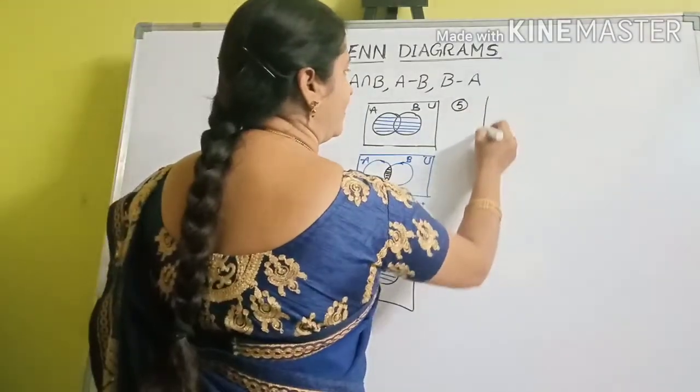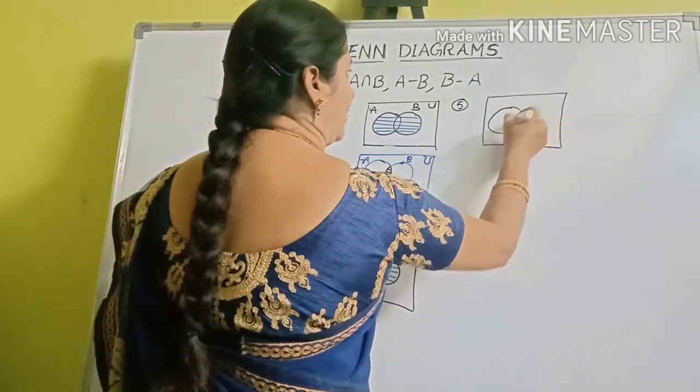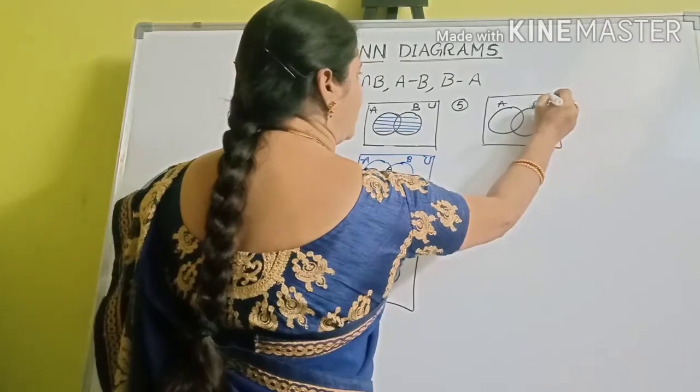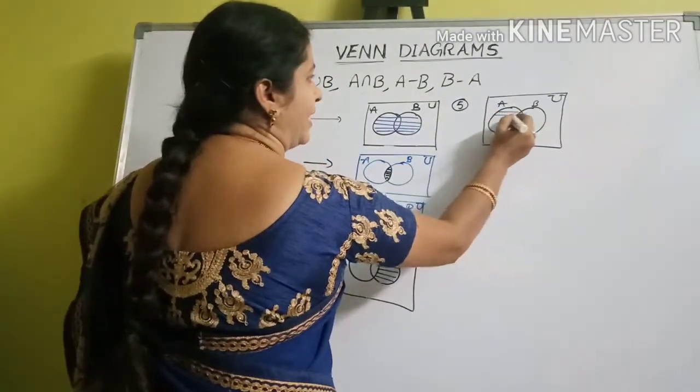Suppose these two are A and B. This is mu. Suppose we shade like this.